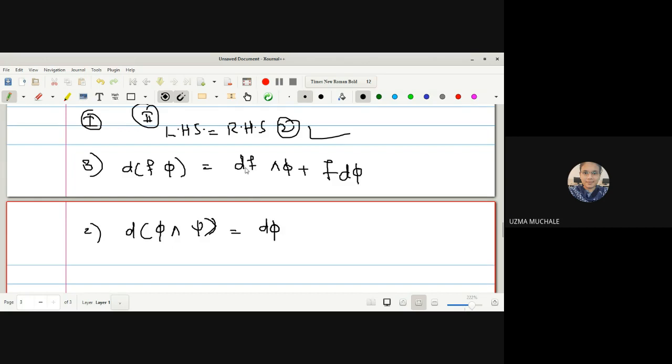In a very similar way we have found the derivative of function f wedge psi, as it is, plus, sorry, here it is with negative sign, f d psi. So the change is only here. यहाँ पे सिर्फ change है, right?